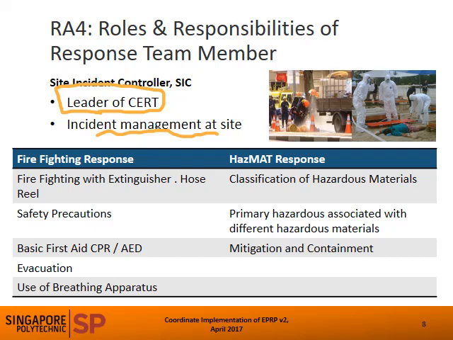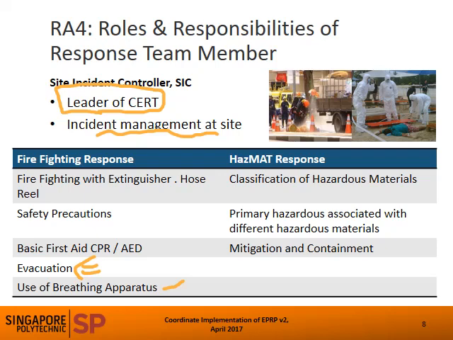You also need to perform basic first aid. You might need to do evacuation, so you might need a separate person to do evacuation, and you need to know how to use some of the basic firefighting equipment. For example, fire extinguisher, and maybe breathing apparatus.